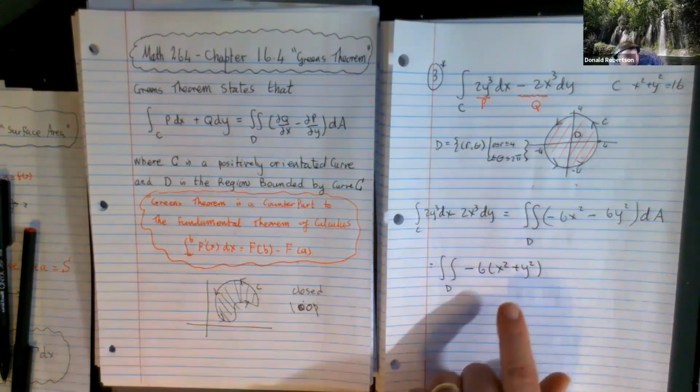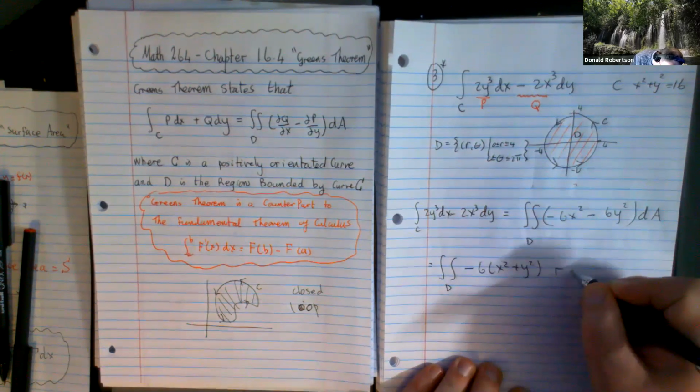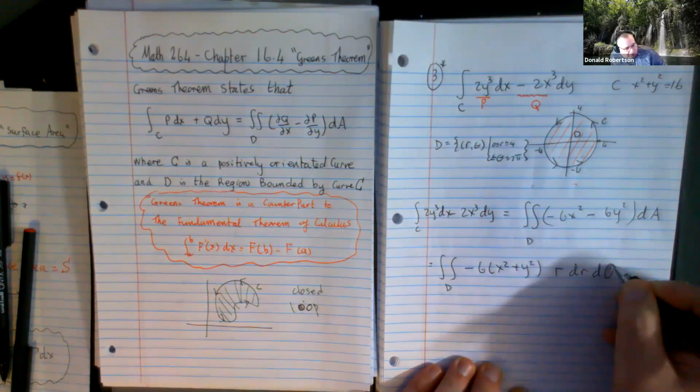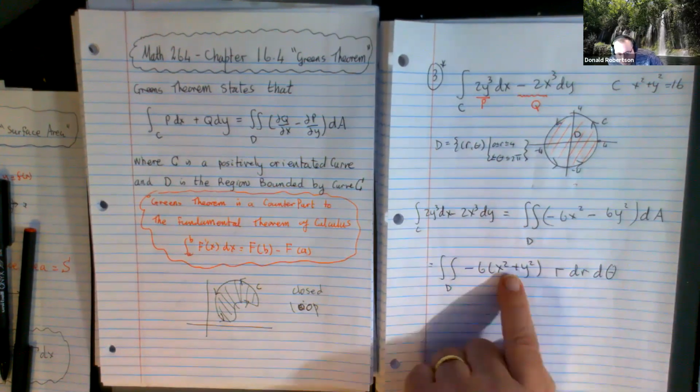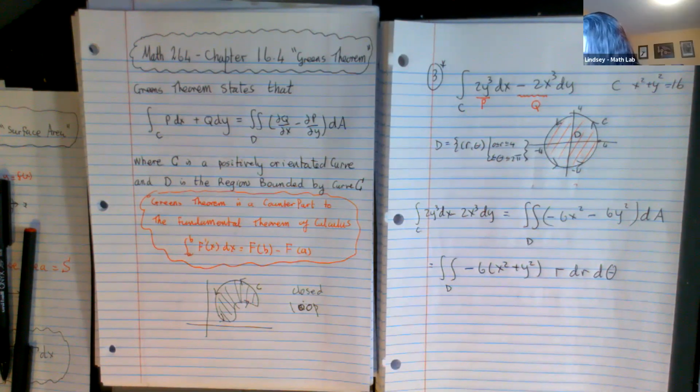But if I pull out the negative 6, do you see it's going to come out a little bit nicer? What will the x squared plus y squared look like? r squared. Right.